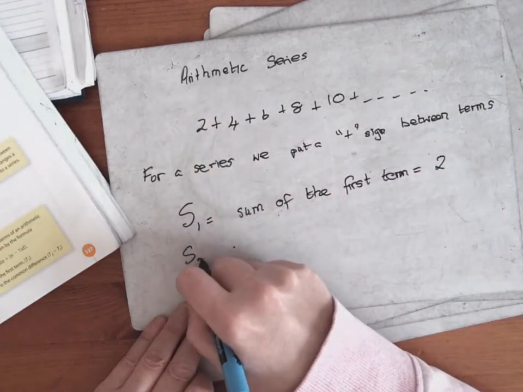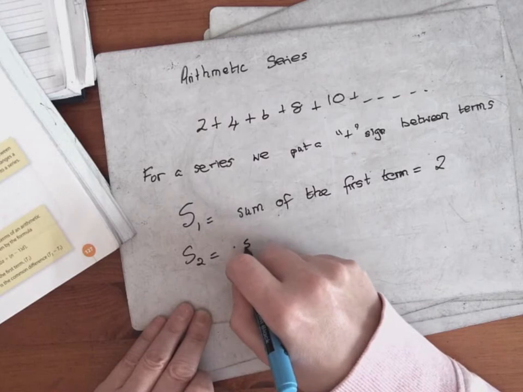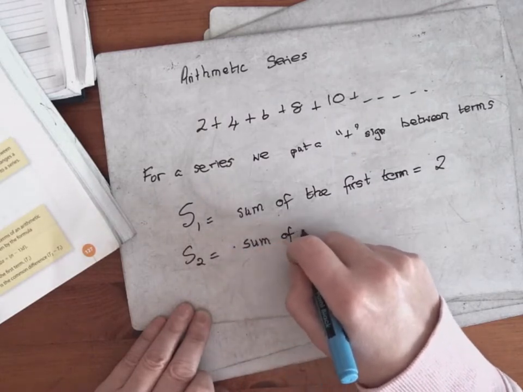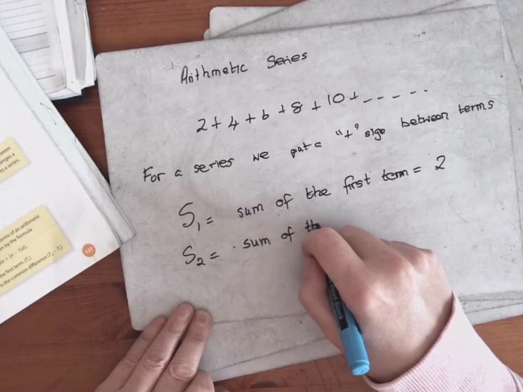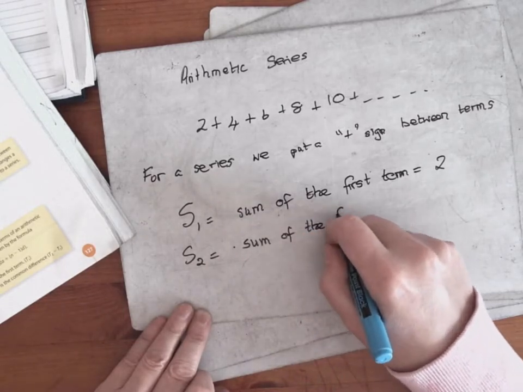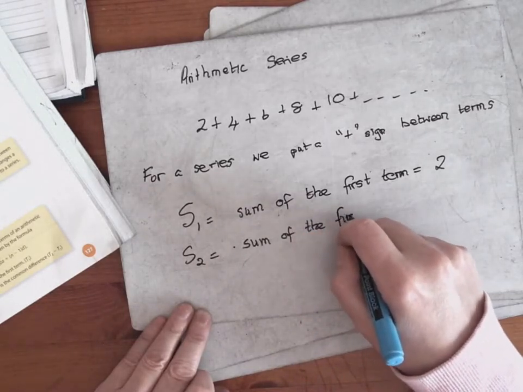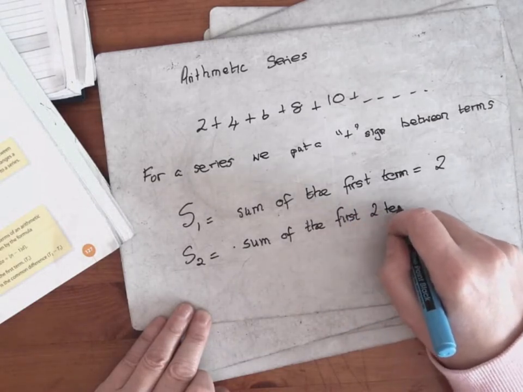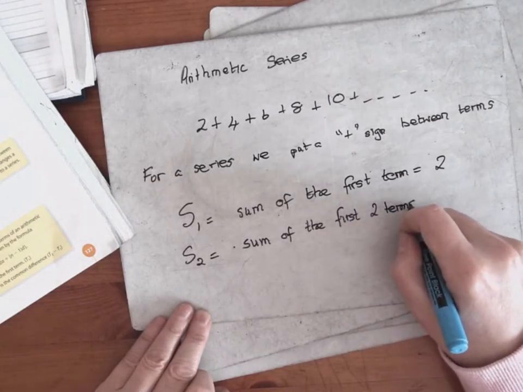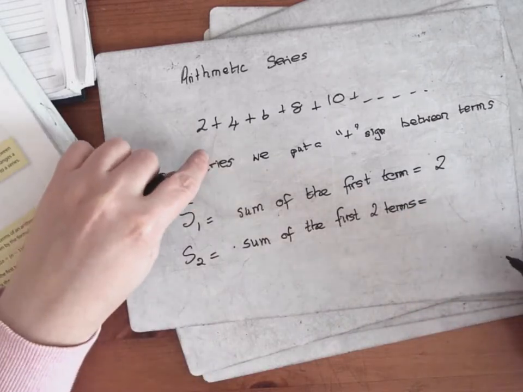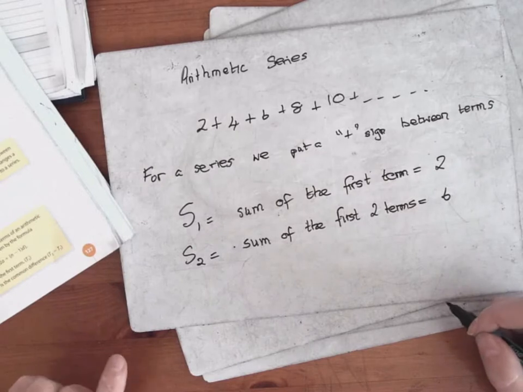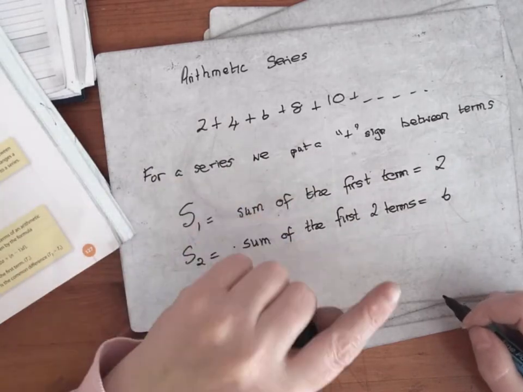S2 is the sum of the first two terms. So if you add the first two terms, 2 plus 4 makes 6.